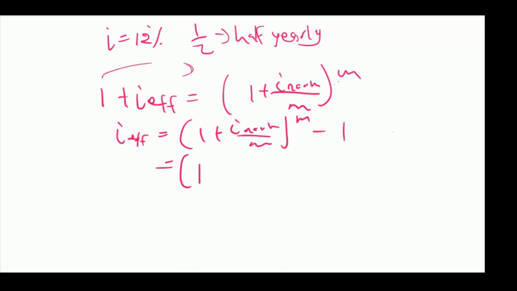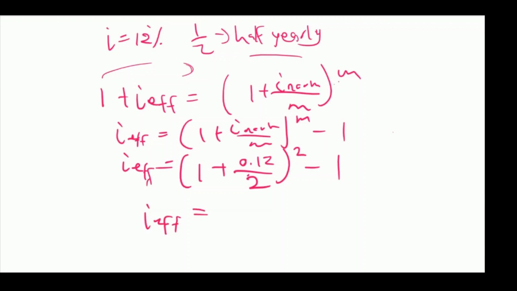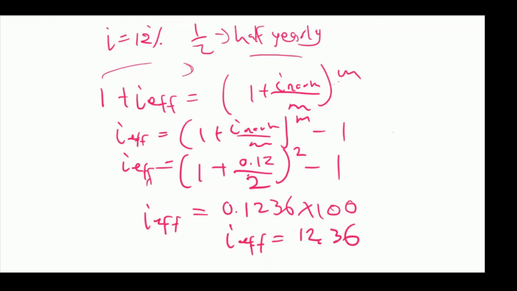So we substitute: 1 plus the 12%, which is 0.12, divided by our half yearly, which is 2, to the power 2, minus 1. So our i effective is going to be equal to 0.1236. Then we multiply by 100. Our i effective is equal to 12.36. So this is our effective interest rate.